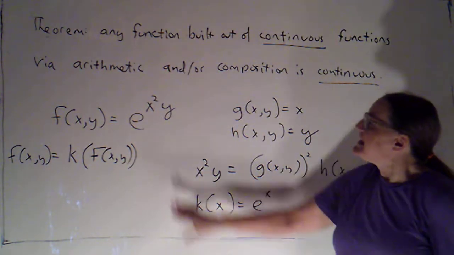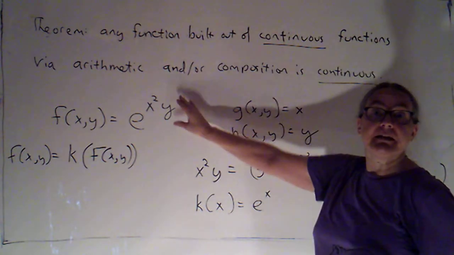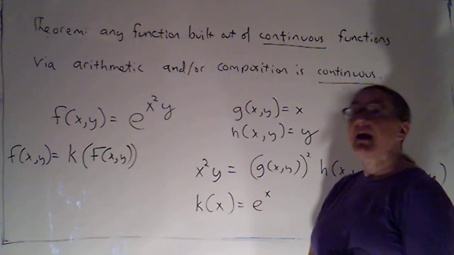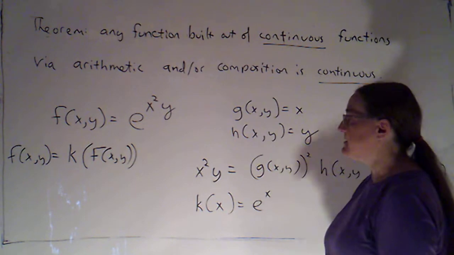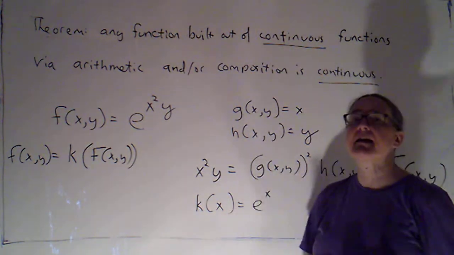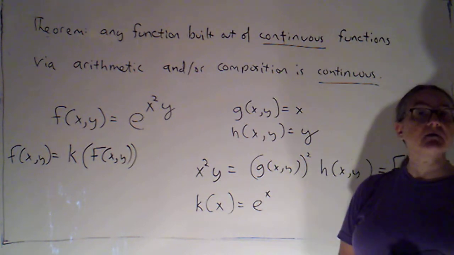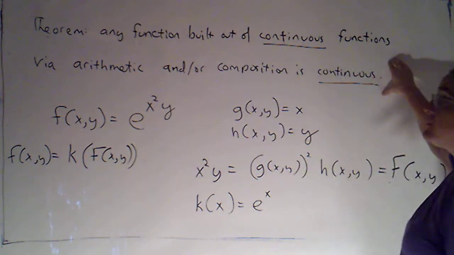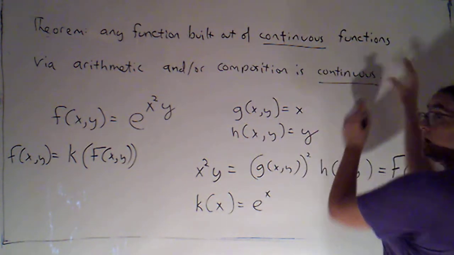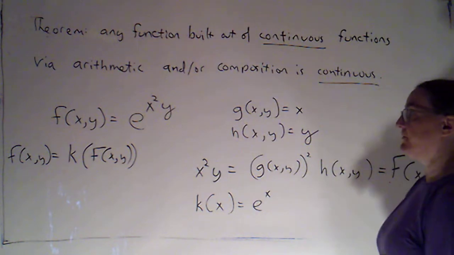Now in this case the function that we built has as its domain everything in 2 space. Of course, if in the process of building your functions you introduce restrictions on the domain, that doesn't change this theorem, but the continuity only applies on the domain of the function.